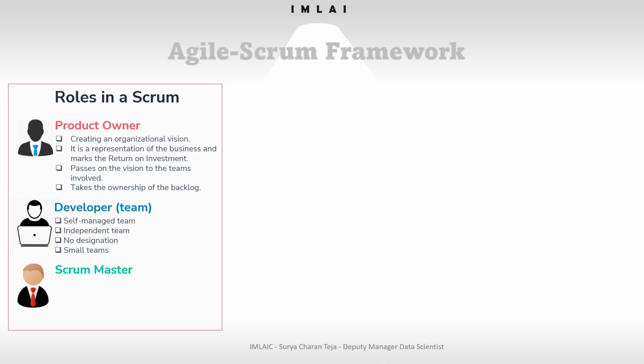And the last important role in a Scrum is the Scrum Master. So, who is the Scrum Master? The Scrum Master is a leader who coaches the teams on various aspects of Scrum basics, and guides them on how to proceed on the work front, and hence reaps the advantages of Scrum.